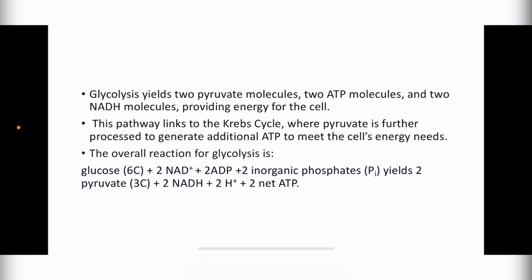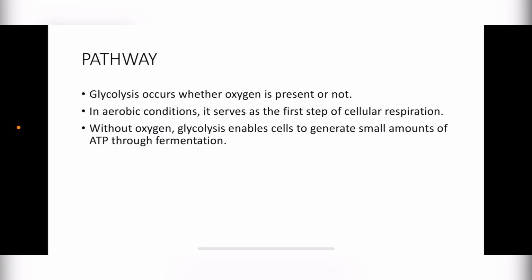Additionally, this pathway is also linked with the Krebs cycle, where the generated pyruvate molecules are processed for additional ATP production, which is required for the cell's energy needs. Next, we focus on the pathway.